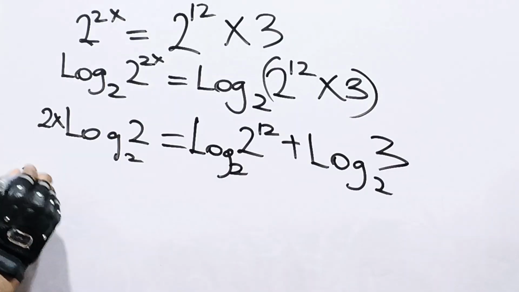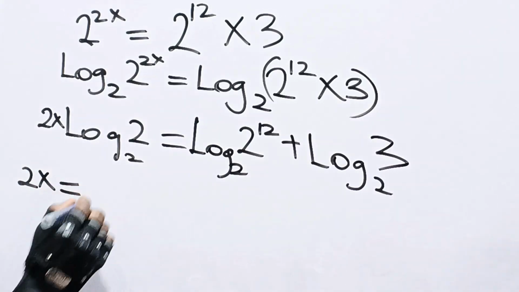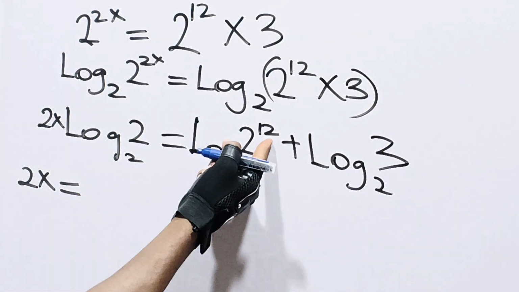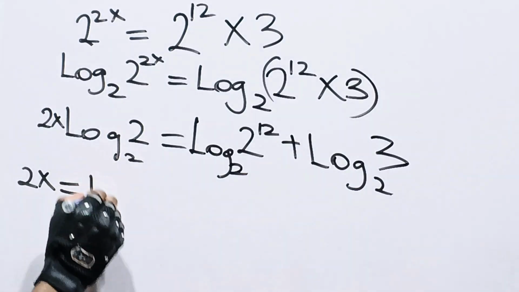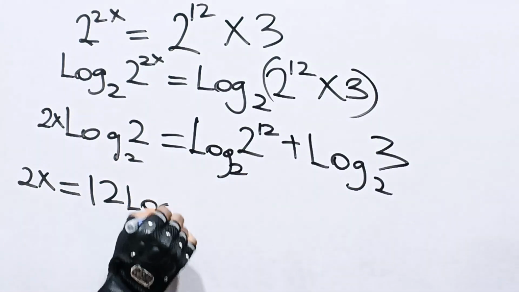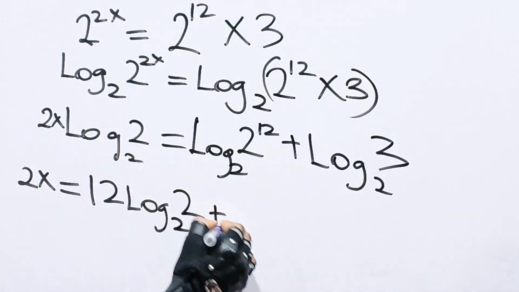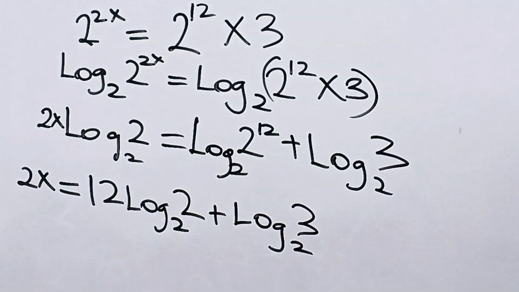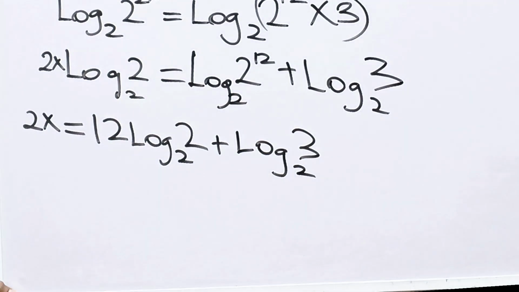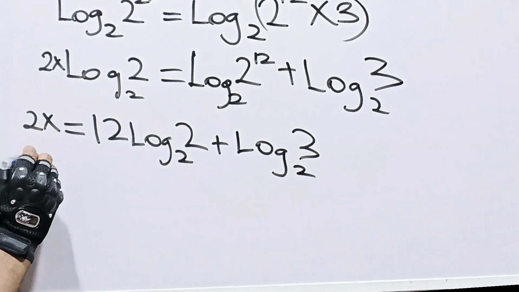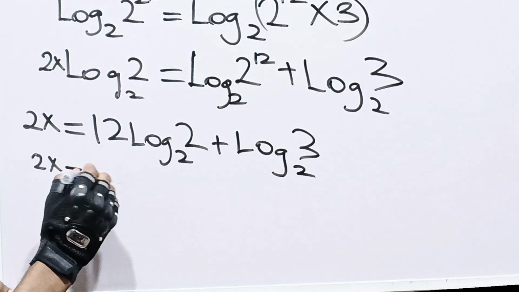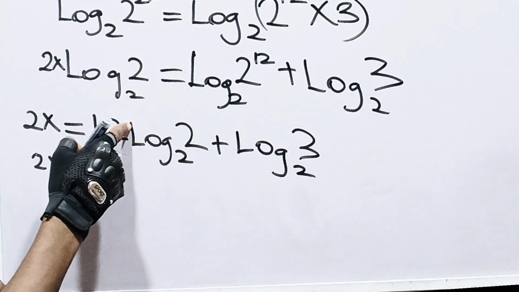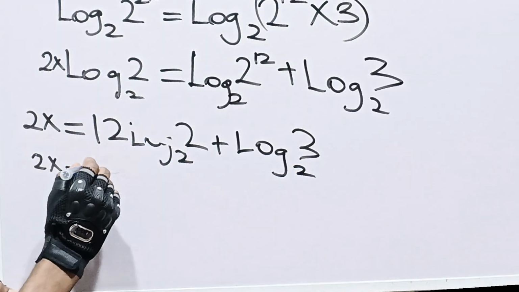1 times 2x will give us 2x. And this is equal to, using the same rule, 12 multiplied by log of 2 to base 2 plus log of 3 to base 2. Now, log of 2 to base 2 again is 1, so what is left is 12.